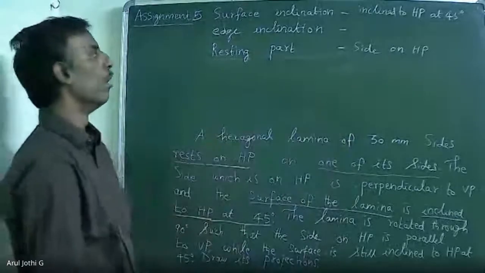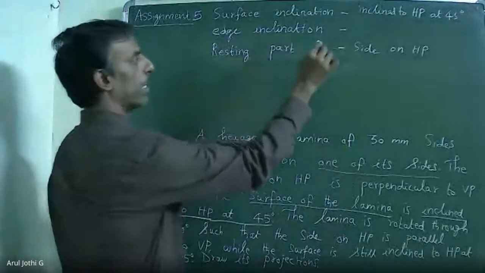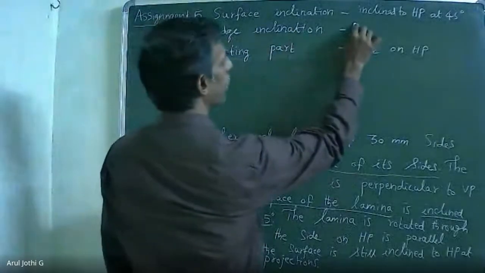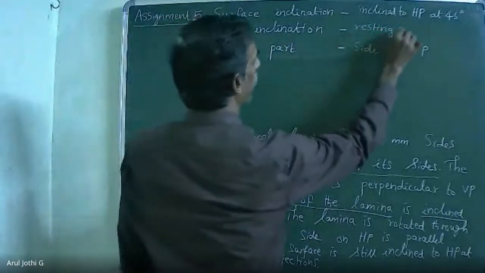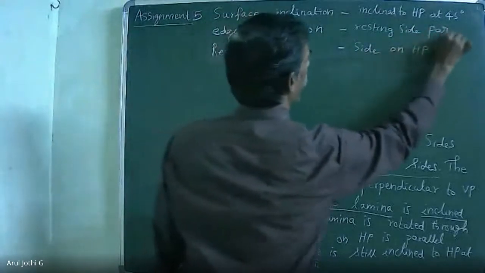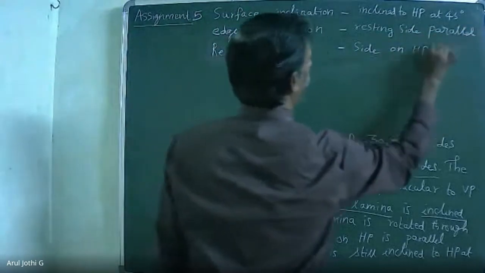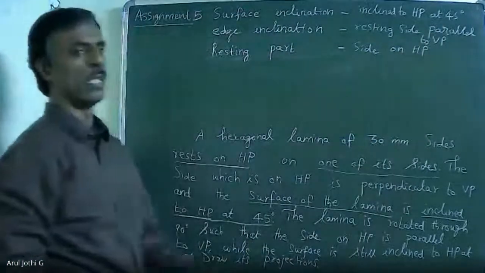Okay. Now, the edge inclination is not given here, but the condition given is the resting edge is parallel to VP. That means what will be the resting side inclination?